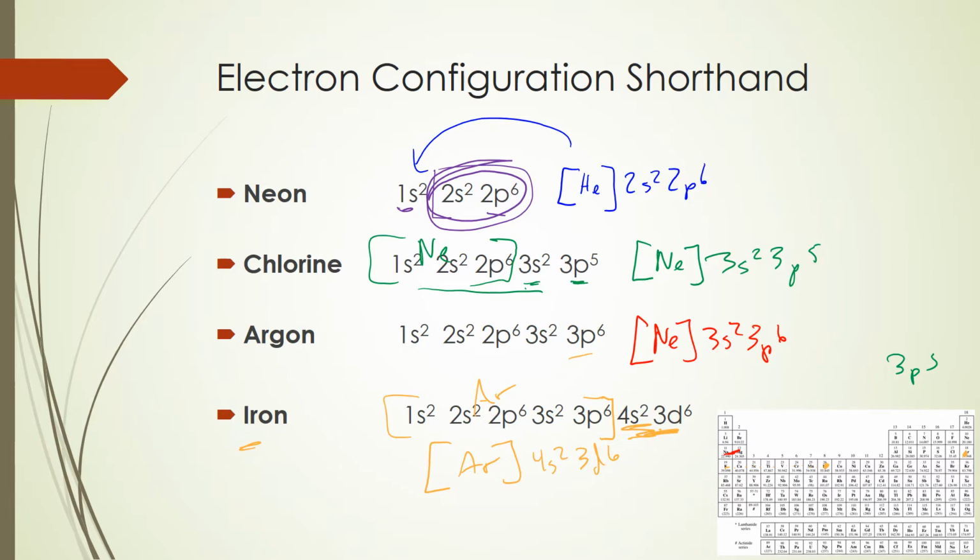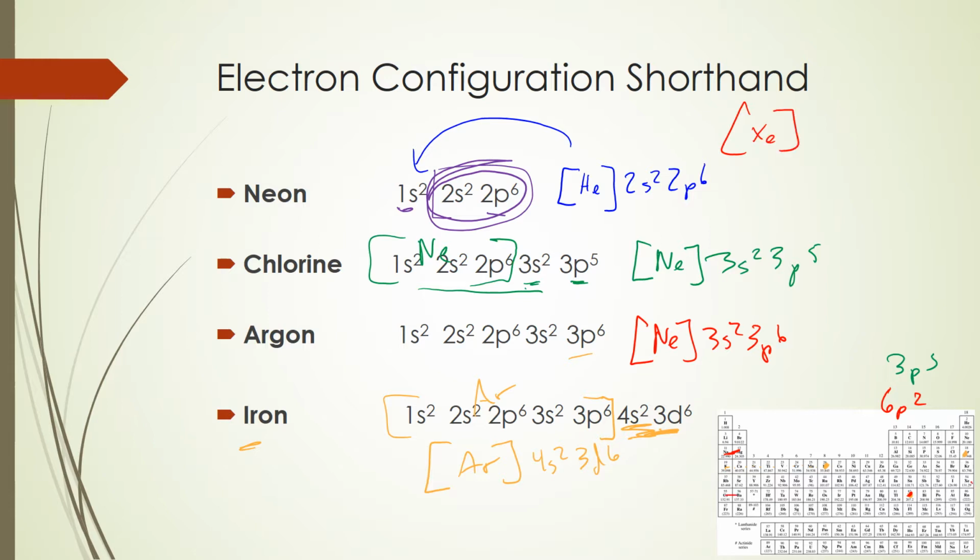It works really well. Like if we want to do something ridiculous like, oh, I don't know, lead, which is right here. It's in row 6, it's in the P block, so it ends in 6p2. The previous noble gas is xenon, so we'd put Xe, xenon, and we do everything after xenon.